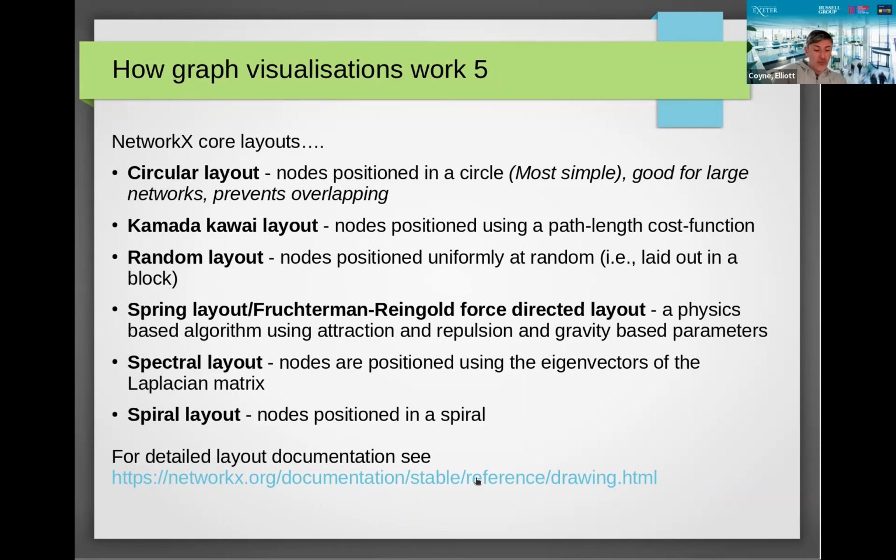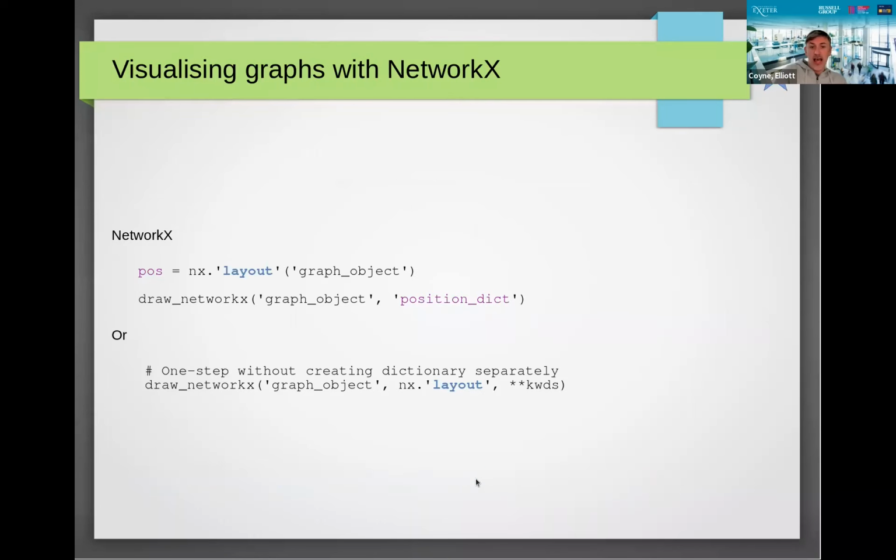And if we were going to implement these, the code we would use to do this, we would first of all assign a position variable, using NetworkX and then the particular layout you would use, and then the graph object, so G. And then you would draw NetworkX with the G graph object using this position variable.